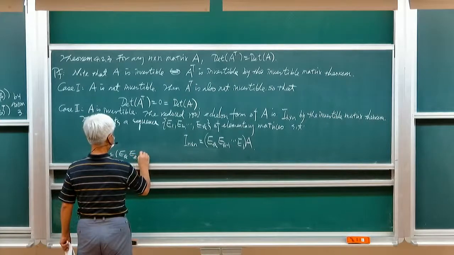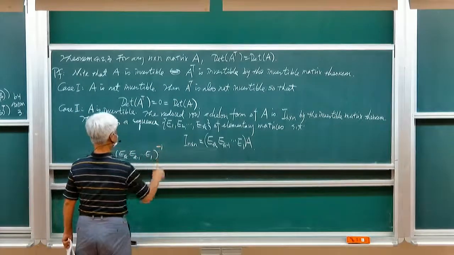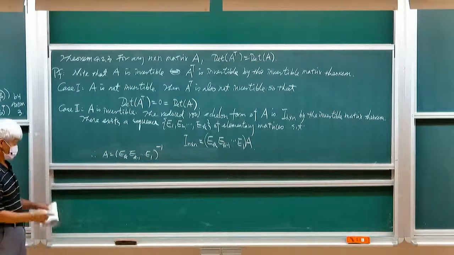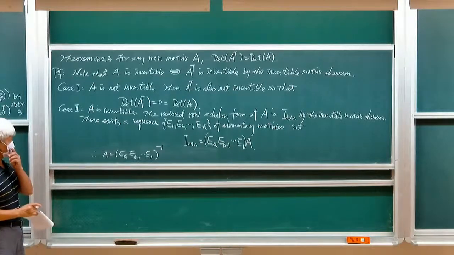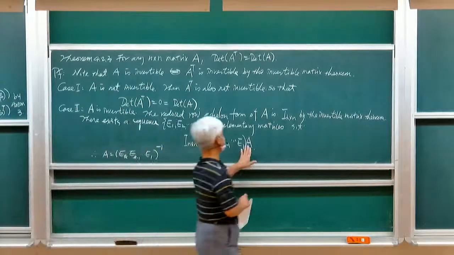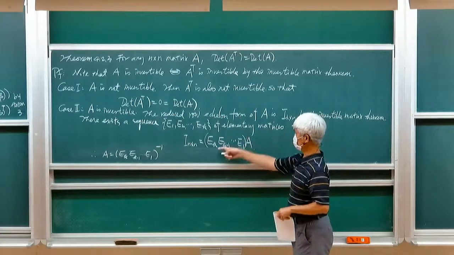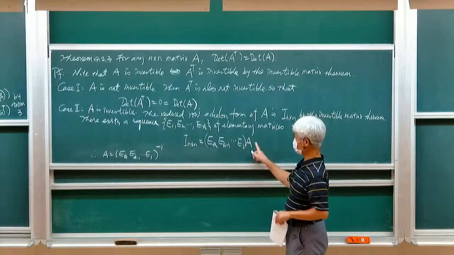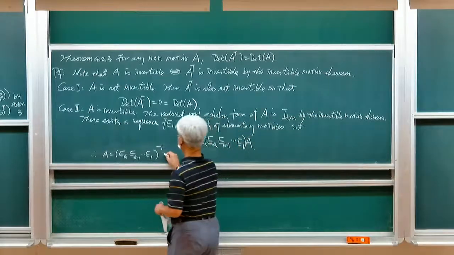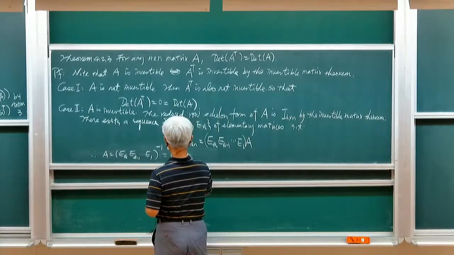I'm sorry about that. Because A is the right inverse of this product, A should be the inverse of that, and this is E1 inverse.